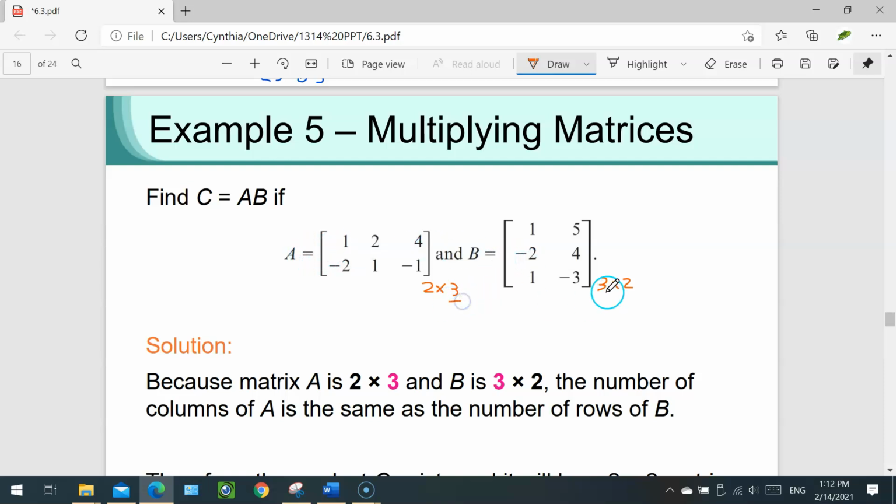We need to look at the inner two numbers, which means the column of matrix A must match the row of matrix B. Since both inner numbers are 3, yes, they can multiply. And the new output size would be 2 by 2. That means matrix C should be 2 by 2.